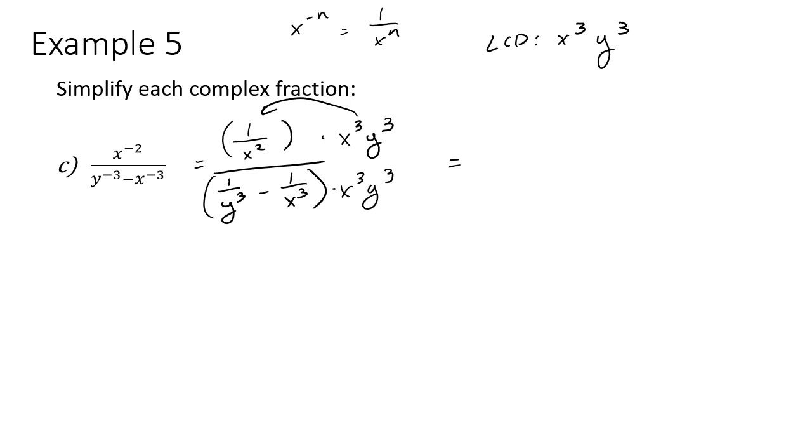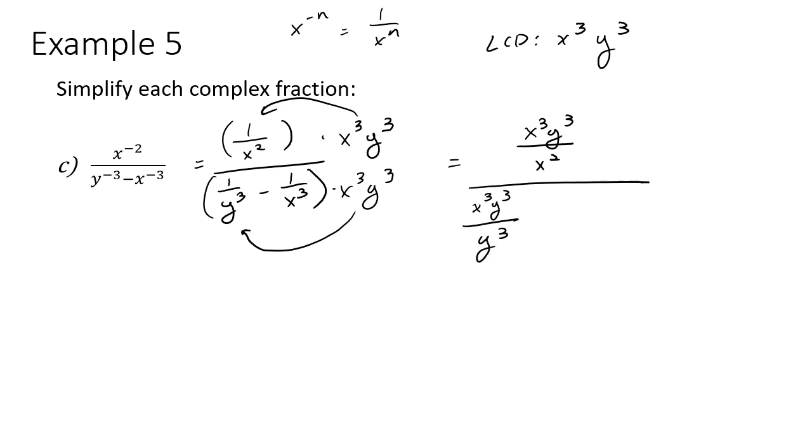So on the top, if we multiply it in, we'd have x cubed, y cubed over that denominator of x squared. Bottom left, x cubed, y cubed over y cubed, minus bottom right, x cubed, y cubed over x cubed.